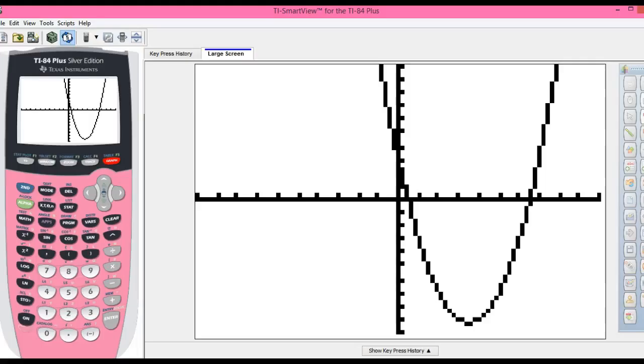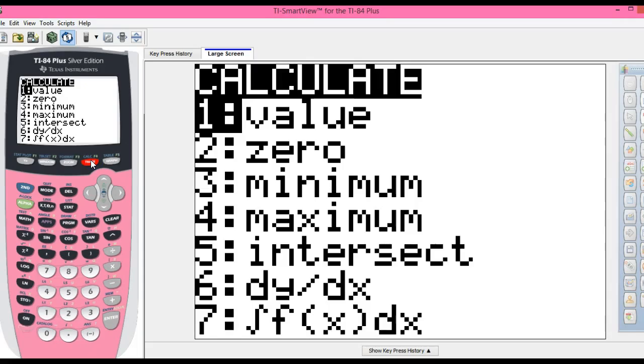Oh, okay. All right, meanwhile, if we wanted to calculate something else, we hit second, calculate. What on that list are we looking for? Well, we don't have a maximum. We're looking for the zeros, right? Because that's another name for my solution or my root.